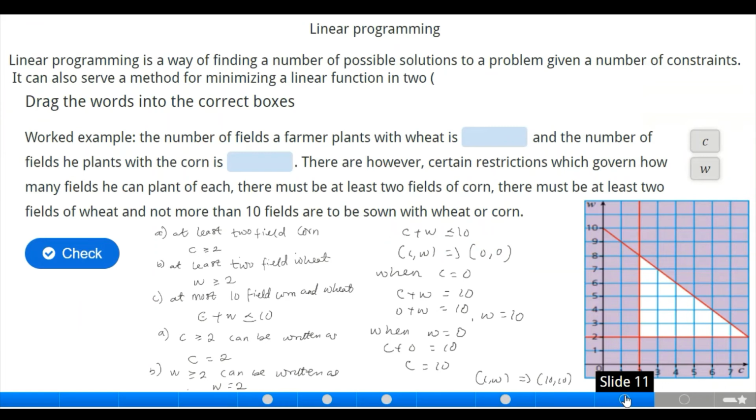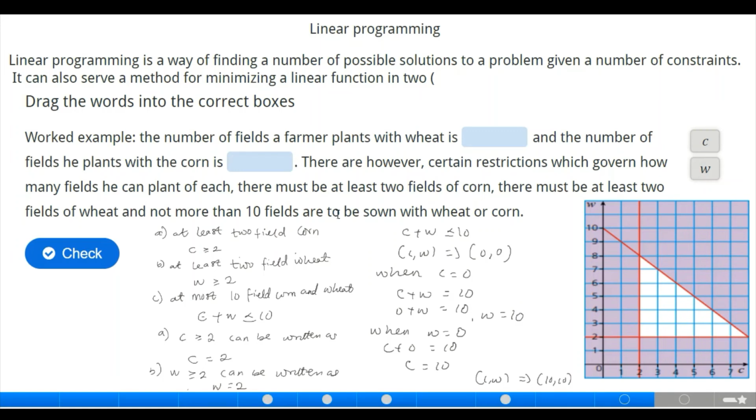Now let's look at an illustration here under linear programming. Linear programming is a way of finding a number of possible solutions to a problem given a number of constraints. It can also serve as a method of minimizing a linear function. It can be in two variables, or it can be more than two variables.